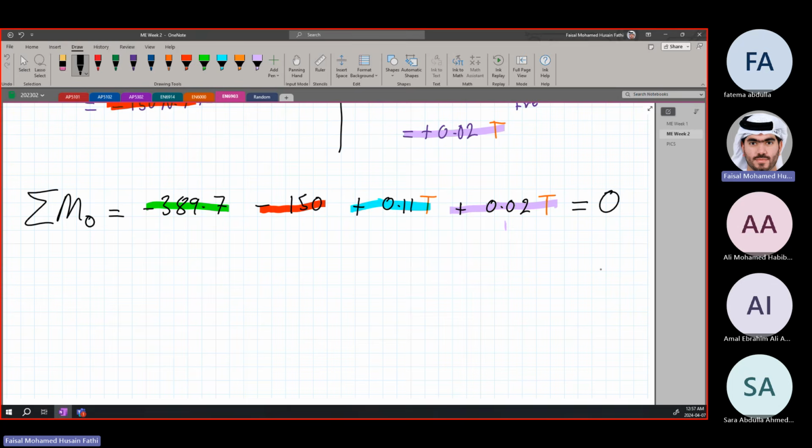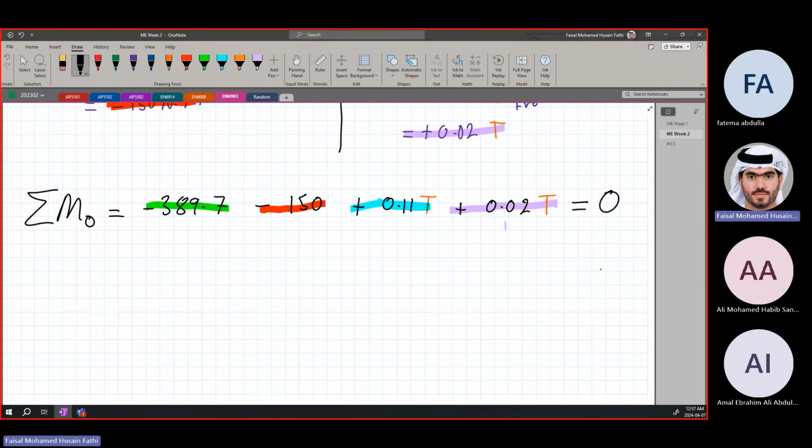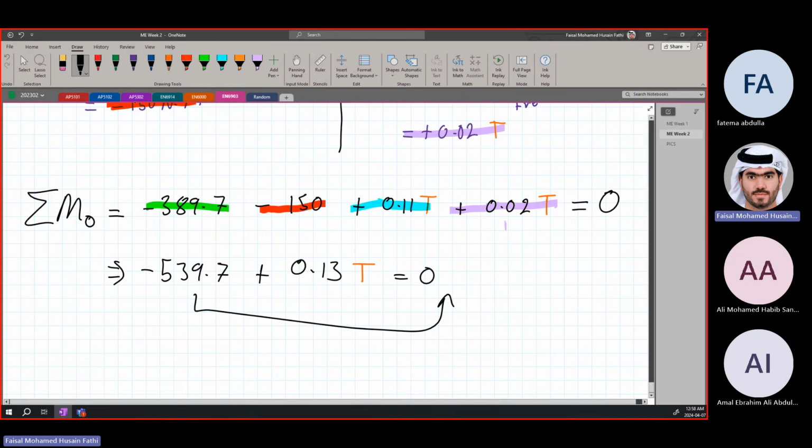So if we simplify this, it's going to be minus 389.7 minus 150. That is going to be equal to minus 539.7, plus 0.11 plus 0.02 is equal to 0.13 T is equal to 0. We will take the minus 539.7 to the other side. So 0.13 T is equal to 539.7.